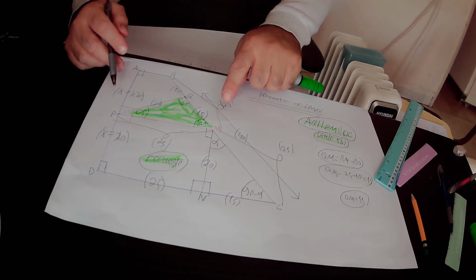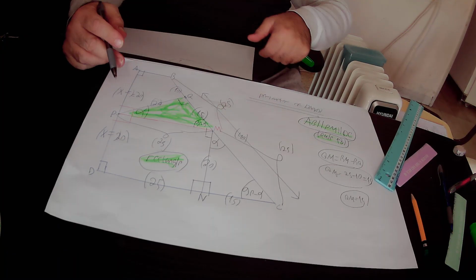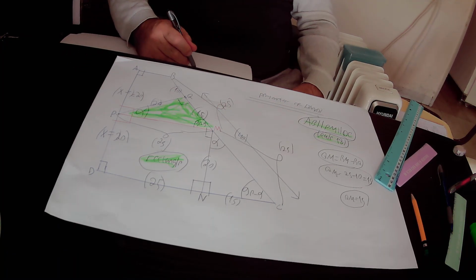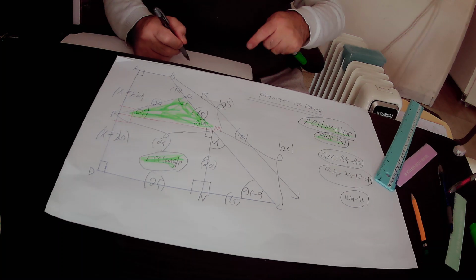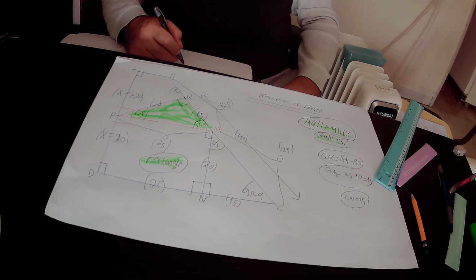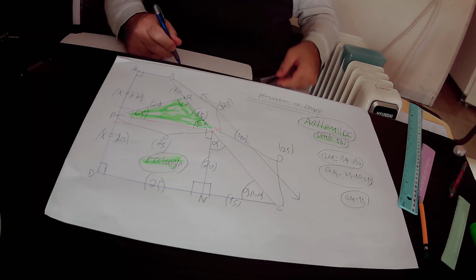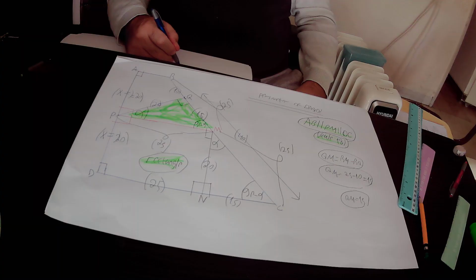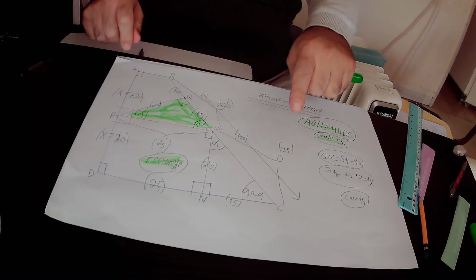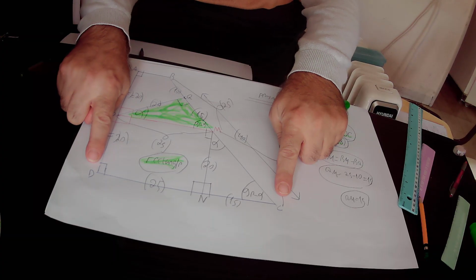But we already found out that PM equals 25, so we can substitute PM by 25. And it equals AB plus DC over 2. AB is the missing side, so we leave it as it is. DC in total equals DN, that is 25, plus NC, that is 15.